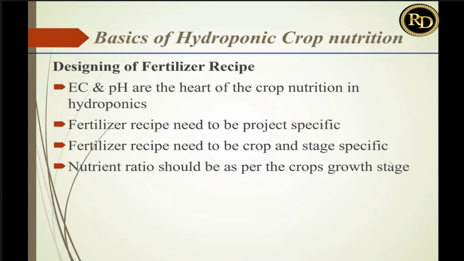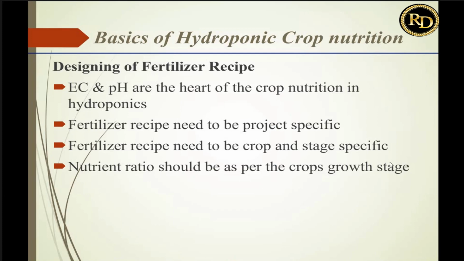Suppose at grower X's place a recipe is performing really well, it is not 100% assurance that at grower Y's place the same recipe will give the same result. So you need to find a recipe for your own project. Never try to copy paste, otherwise there is a high chance of failure.